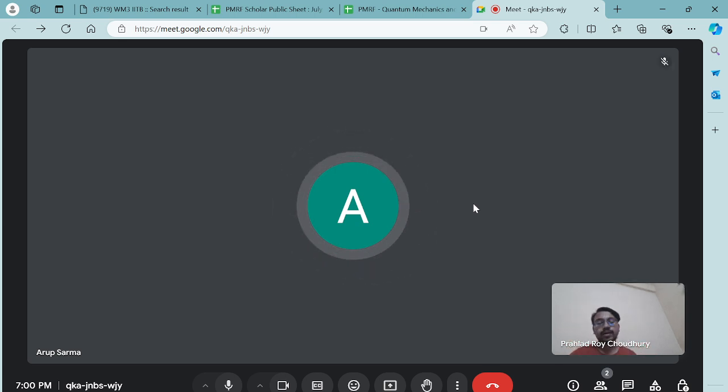So in the last lecture we have discussed rotational spectra, their selection rules, and how the total angular momentum and the projection of angular momentum along the z-axis are applied on the spherical harmonics.